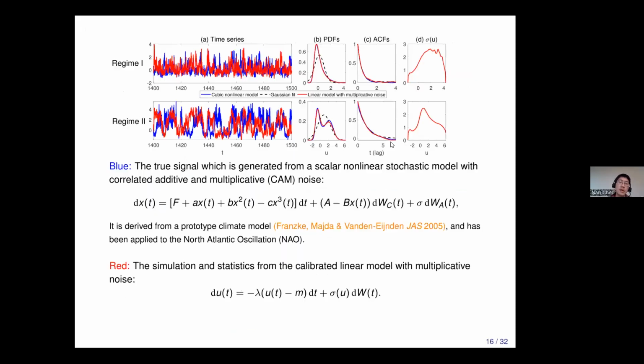In general, you can apply this to whatever dimension you want. But if you really have a high dimensional system, this will become a matrix. So usually what we do is use the deterministic method to decompose the high dimensional system into different equations, and then try to make a diagonal matrix for this multiplicative noise.